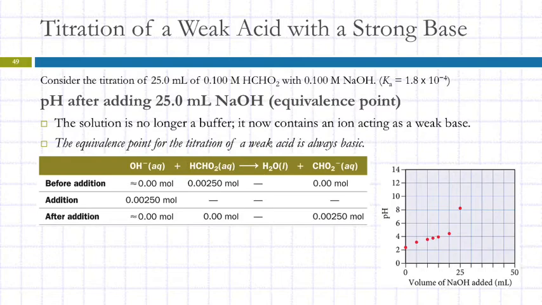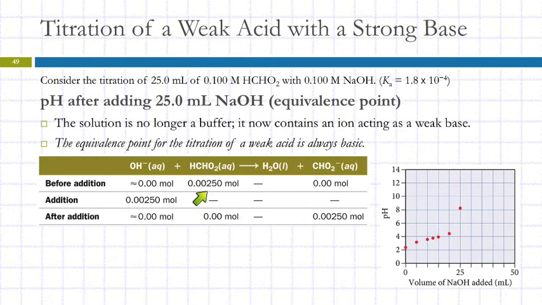What about at the equivalence point? So before and after table. So before, no hydroxide, there's our starting number of moles of the acid. Now we're adding 0.00250 moles of hydroxide.